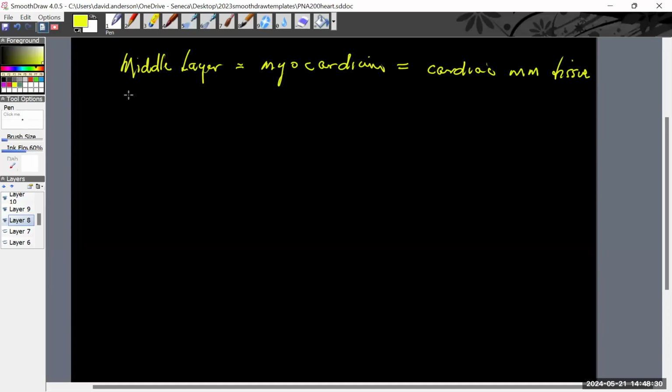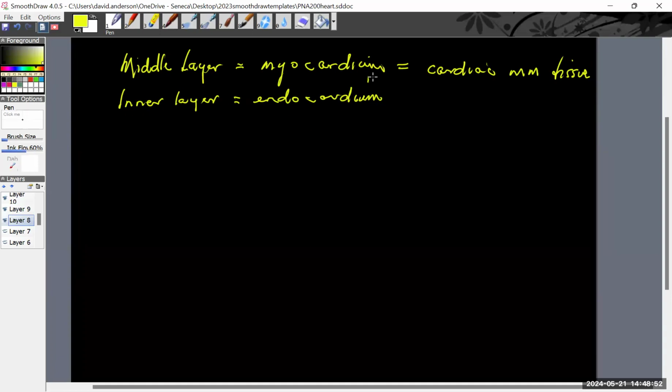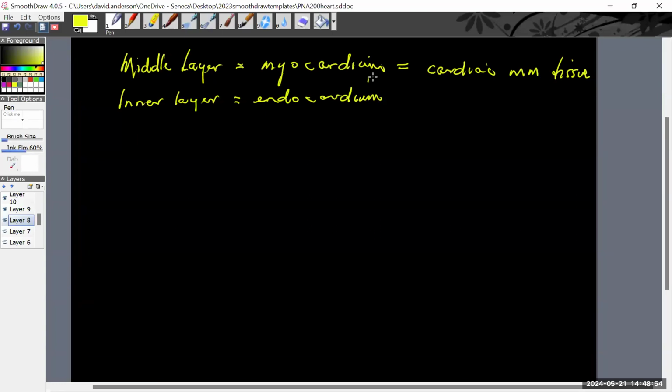And I'm going to mention, because otherwise I'll forget, that the innermost layer is called the endocardium. The endocardium is mostly an inner lining of the chambers of the heart, continuous with the blood vessel linings that enter and leave the heart. We'll talk a little bit about what those are made from when we do the blood vessels.